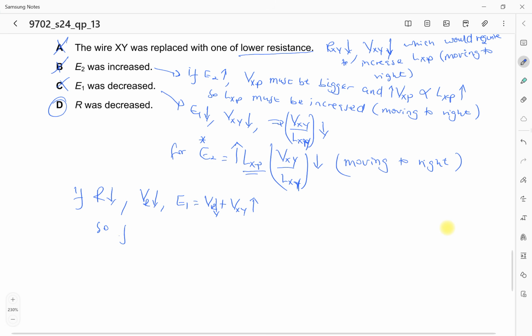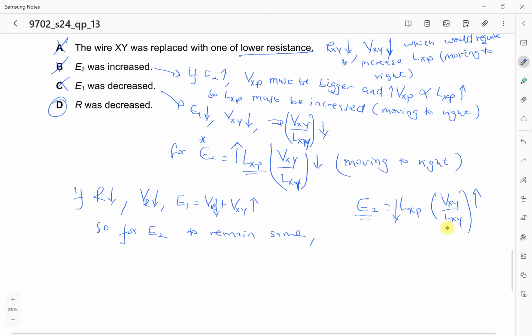So for E2 to remain the same, since E2 is equal to L XP into the PD across XY over the length XY. Remember, this is a calibration constant. Because this one has increased, for E2 to remain the same, this should be decreased.